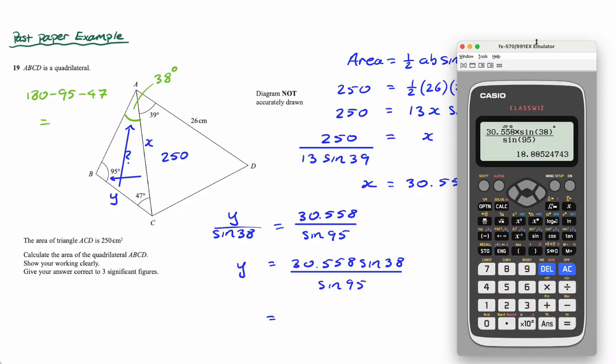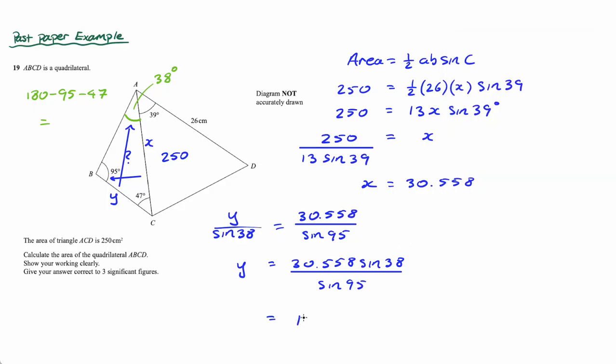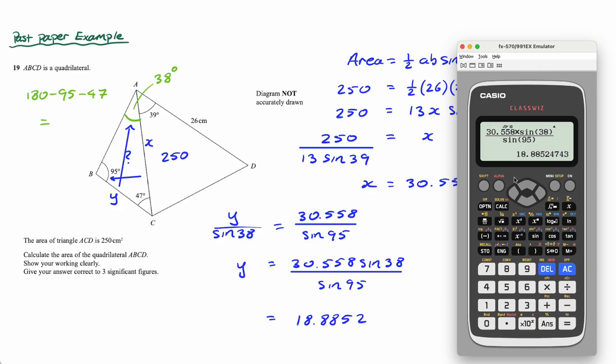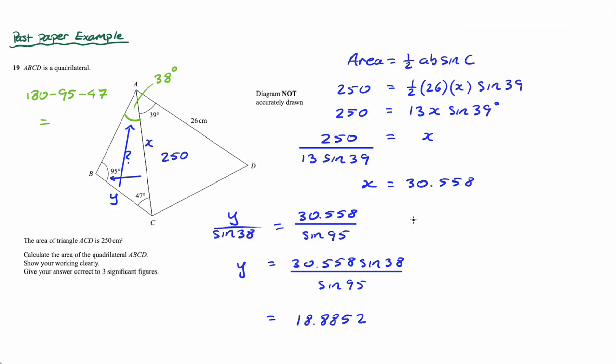And I get 18.8852. So note, I'm writing all these numbers down. 18.8852. Double check, is that what I said? 18.8852. Okay, good. So now I've got y.